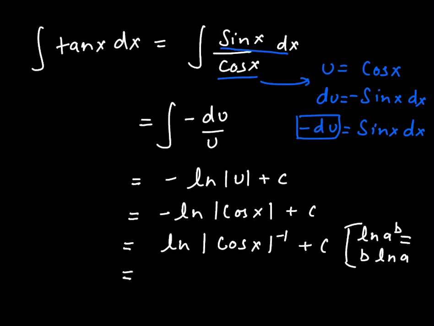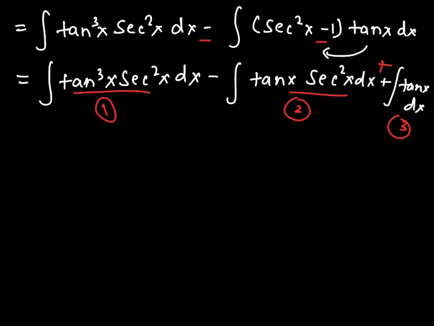So we're going to use this identity, and we can write this as ln modulus of secant x plus c. So we have the answer for the third one, which is ln secant of x. Now we're going to place this value in here, so we would have ln modulus of secant of x.